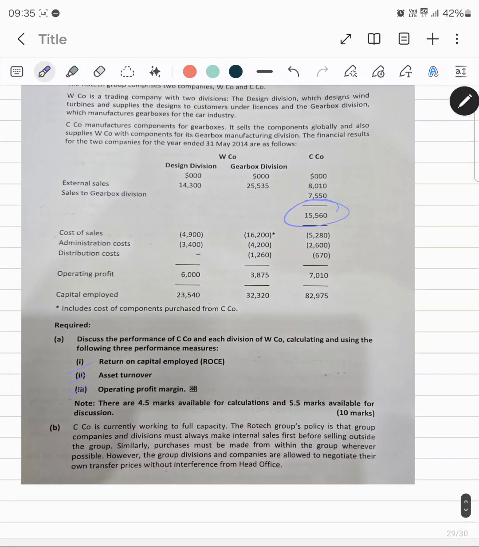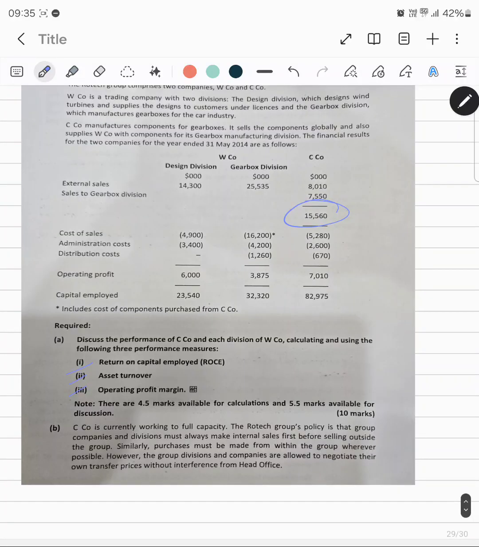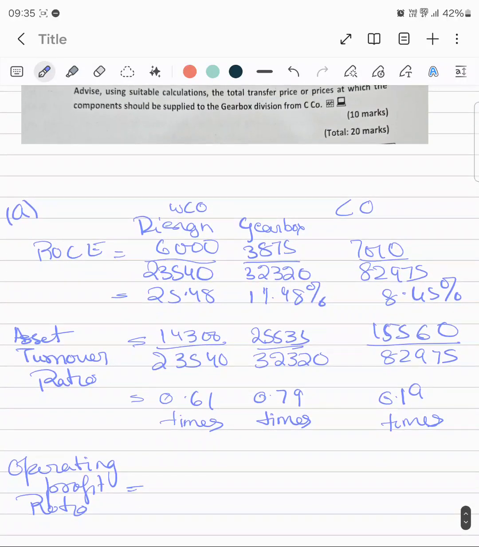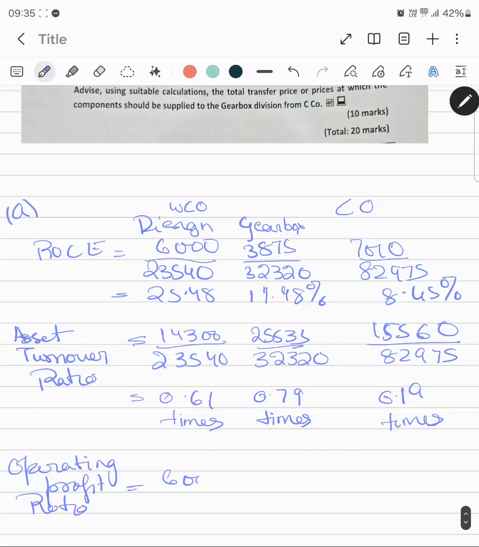Operating profit ratio is operating profit upon sales. So operating profit is 6,000, 3875 and 7010 upon sales 14,300, 25535 and 15,560.